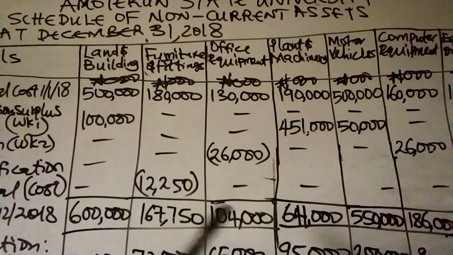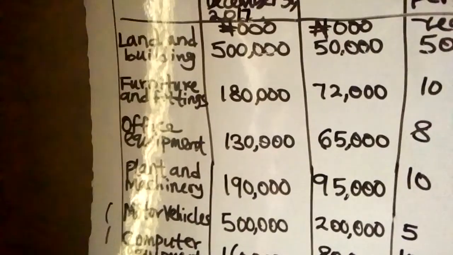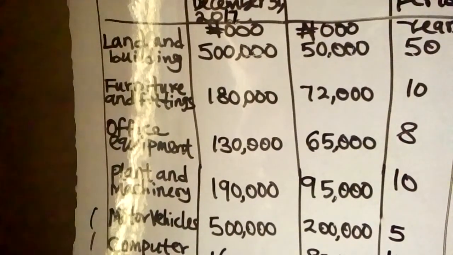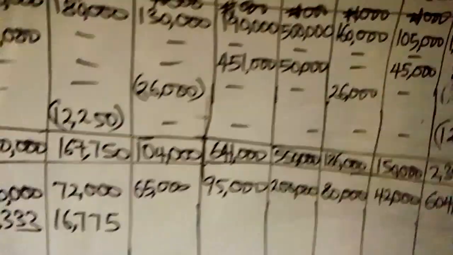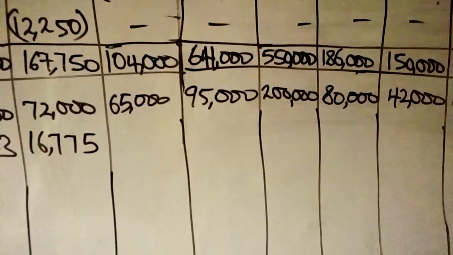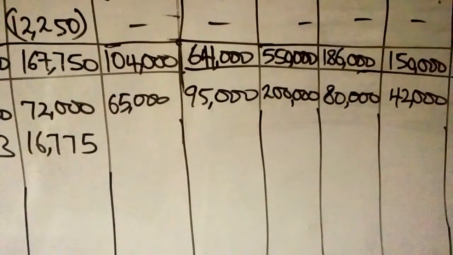Then for office equipment, you have 104,000. How many years of life? The office equipment is expected to last for 8 years. Then apportion that over 8 years: 104,000 divided by 8, then we have 13,000.